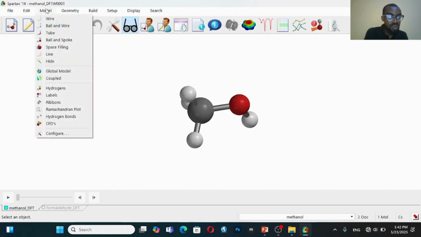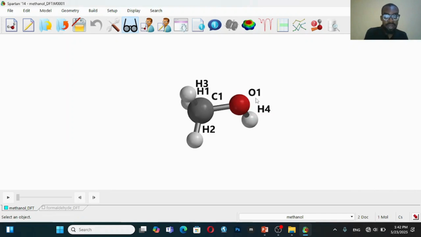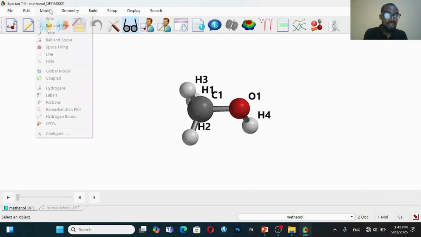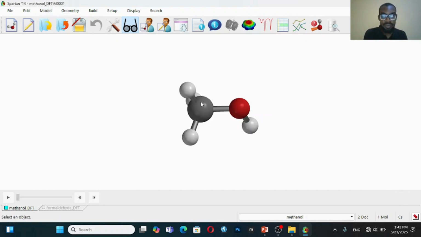And also sometimes you can choose to attach labels, like carbon 1, oxygen 1, hydrogen 4. But I will remove the labels now.